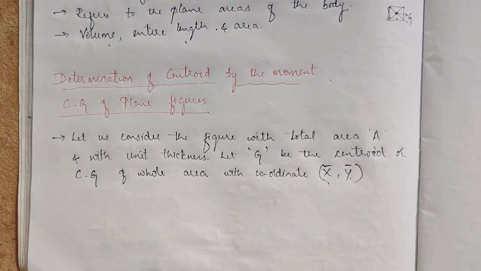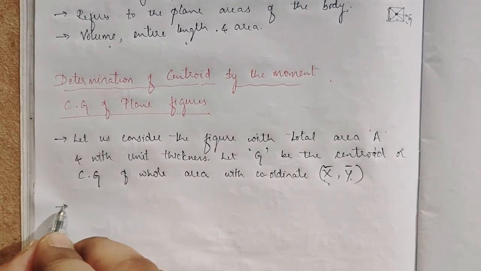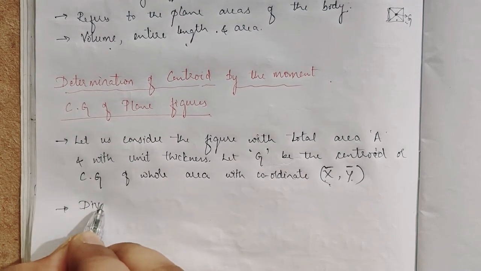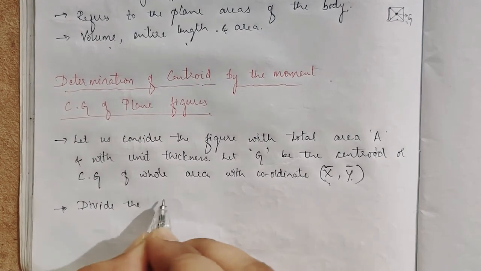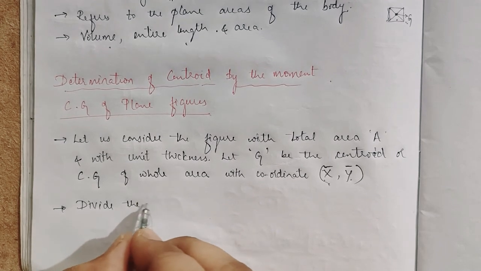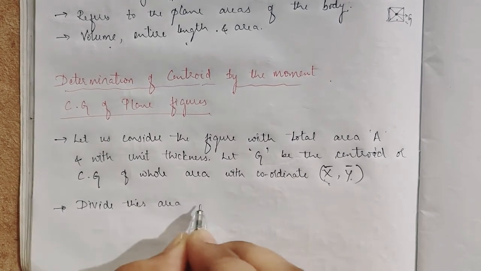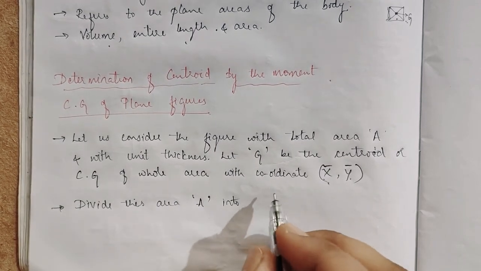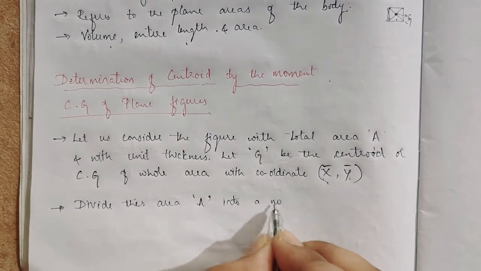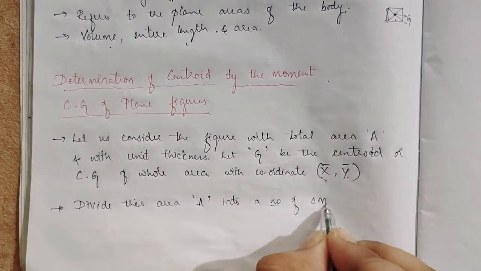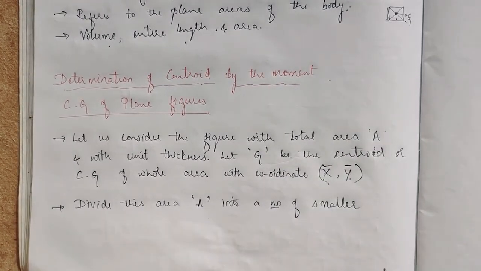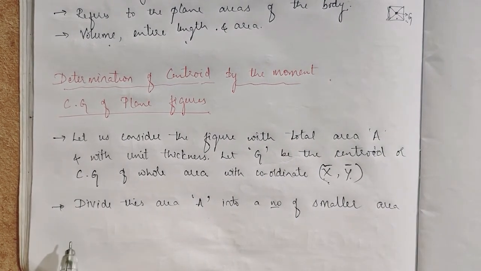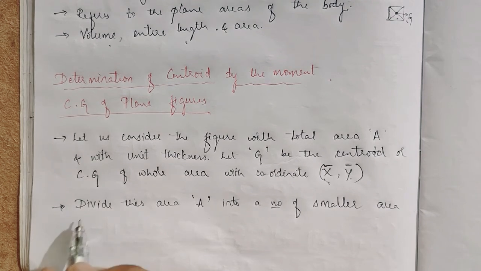Then the next step is, whatever area I showed you, we will divide the total area A into a number of smaller areas.